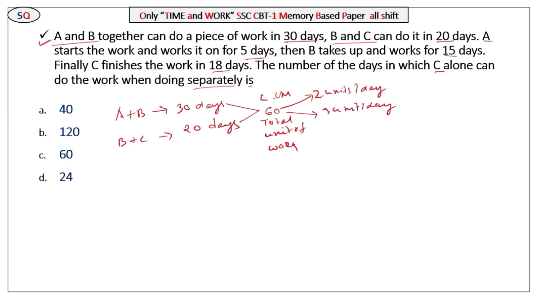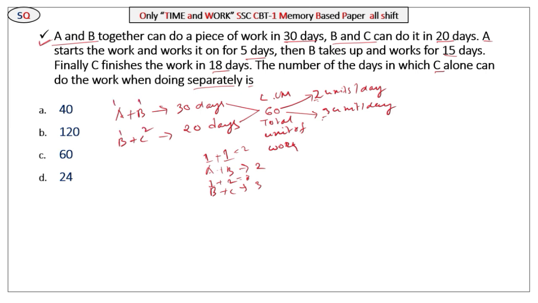So we have to check the 2 and 3, so that A plus B can do 2 units, B plus C can do 3 units. So suppose we take A as 1, B also 1, so A plus B is 2. Now the condition is satisfied. B plus C is 3, so C is 2. So 1, 1, 2.